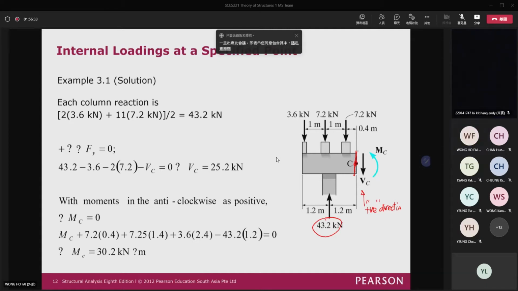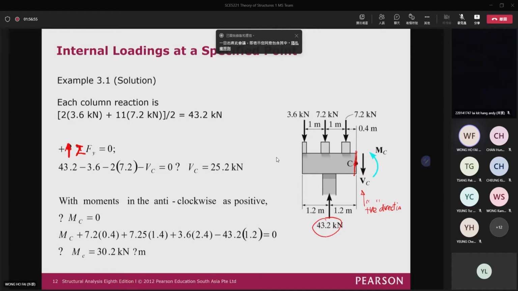Then we can use the equilibrium equation to find the shear force and the bending moment at that particular location. Sorry, sometimes it will show some strange symbols here. It should be pointing upward here, and this is the summation of Fy.